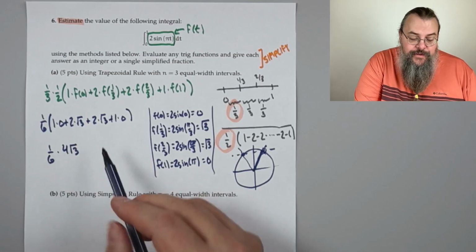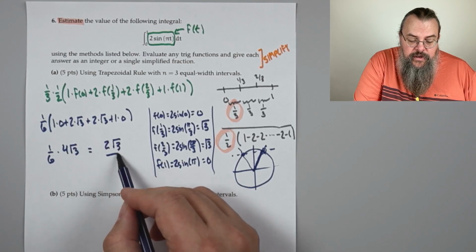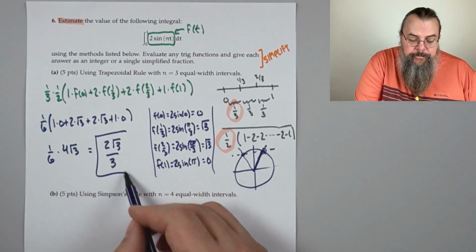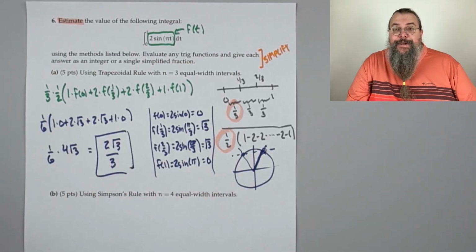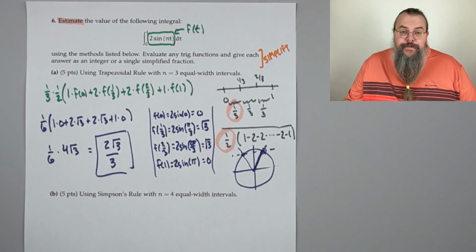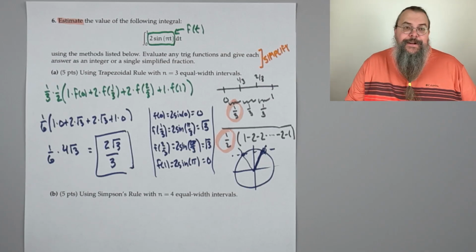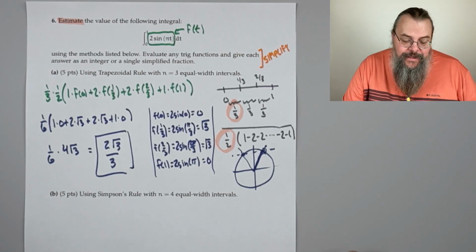We can cancel off a 2, and we're left with 2 root 3 over 3. All right, there we go. Good. So now we have our first estimate, part A. On to our next estimate.